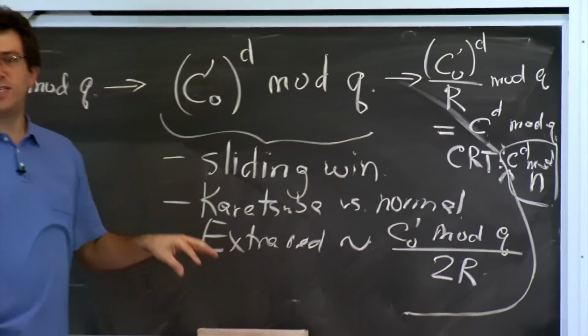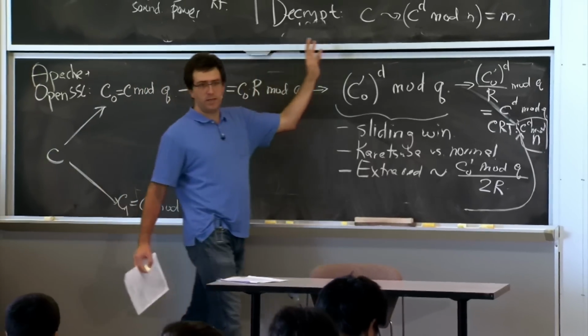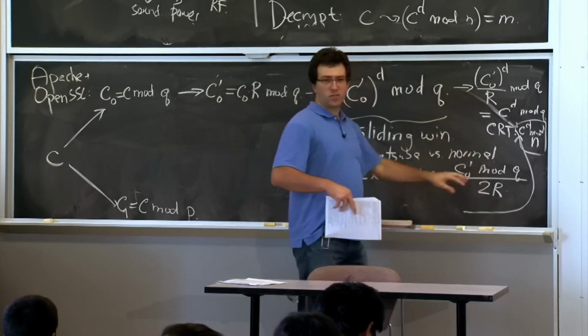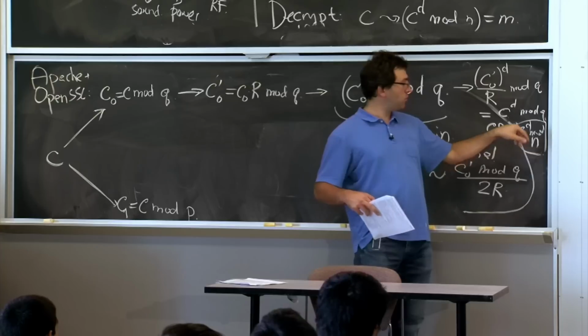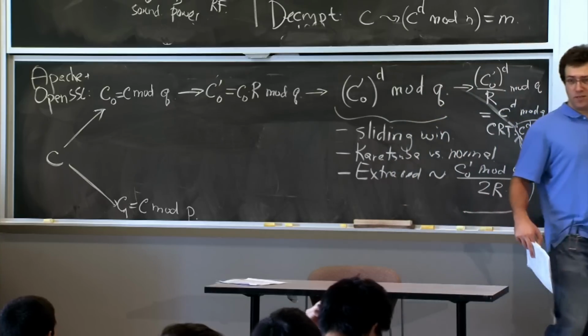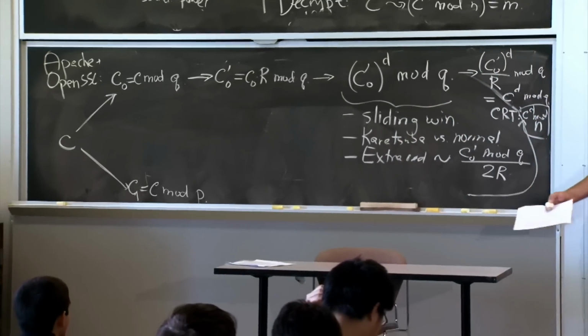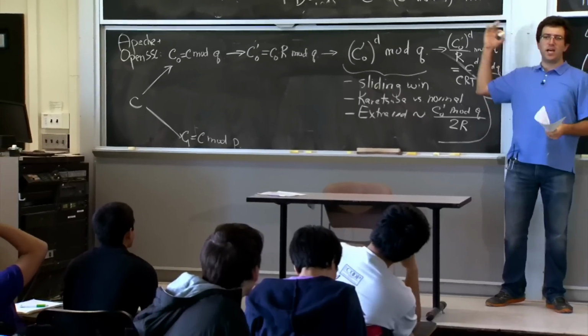So the server takes an incoming packet, runs it through this whole pipeline, does two parts of this pipeline, and ends up with a decrypted message m that's equal to c to the d mod n. And then it's going to check the padding on this message. In this particular attack, because we're going to carefully construct this value c, the padding is not going to match up.